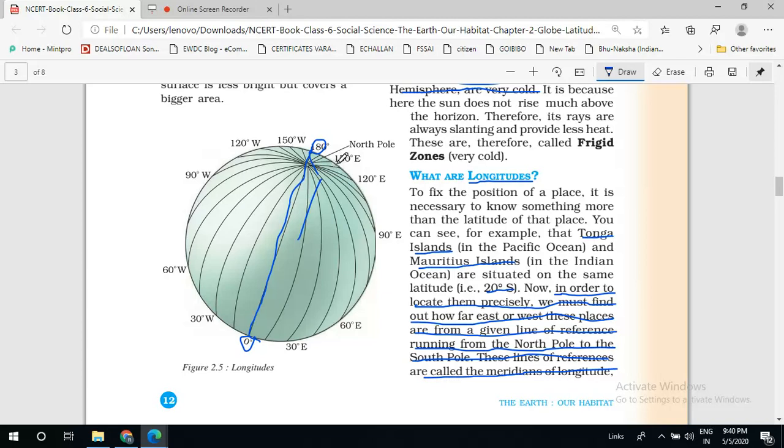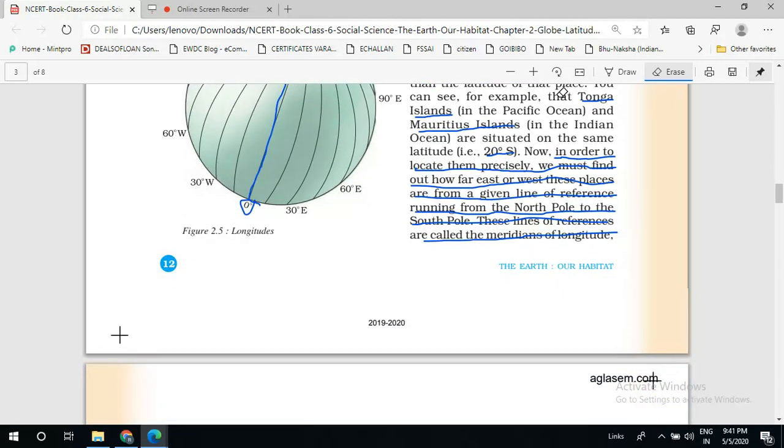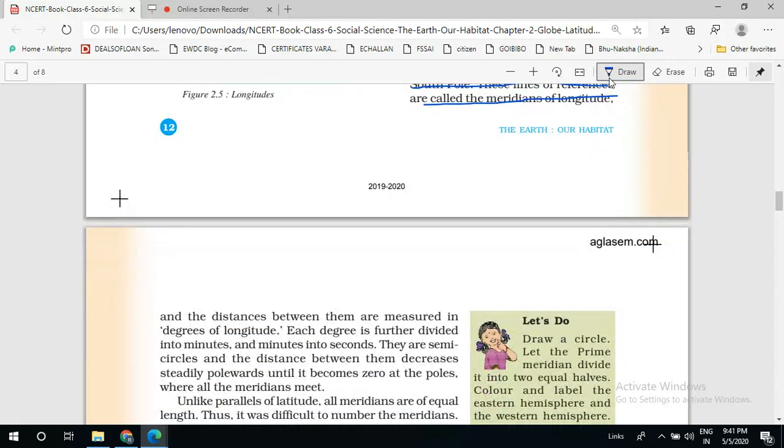In the same way, in this part we can see 150 degree east, 120 degree east, 90 degree east, 60 degrees, and 30 degrees. So these are the lines which are drawn from north pole to south pole or south pole to north pole.